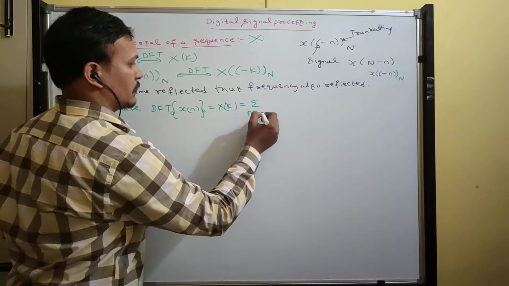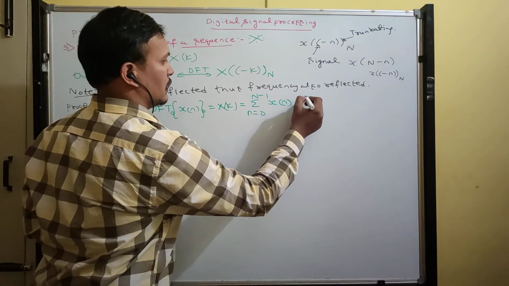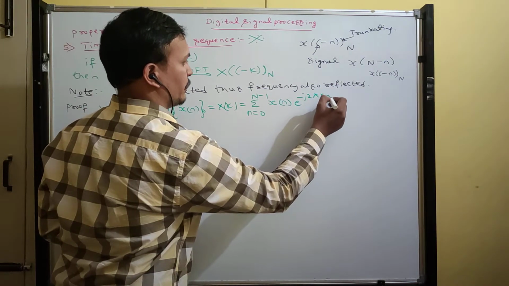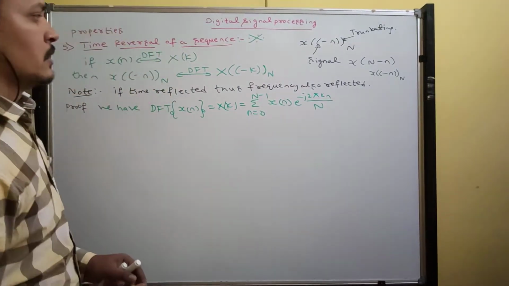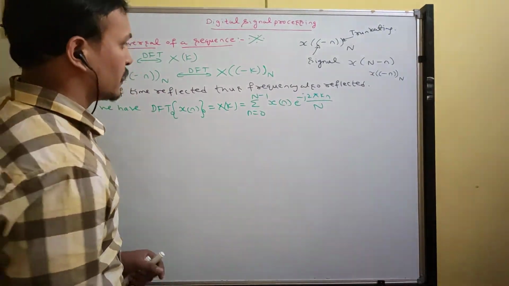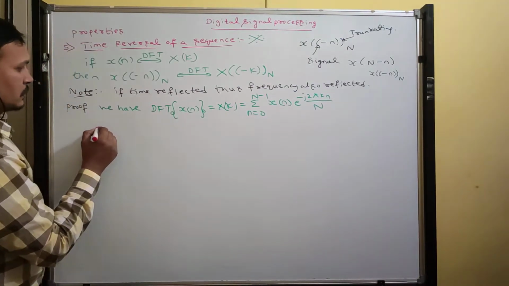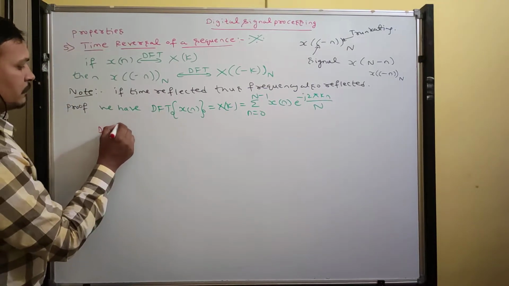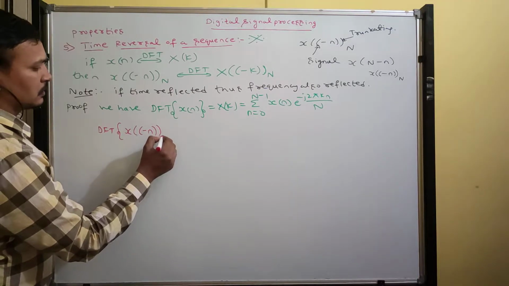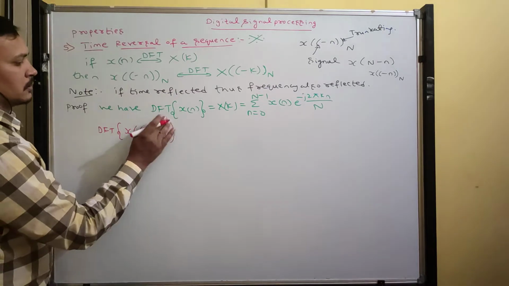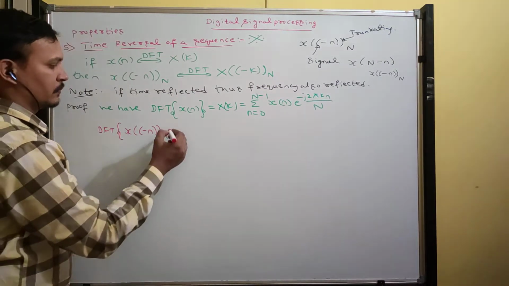Summation n equals 0 to N minus 1, x of n e power minus j 2 pi kn by N. So now take this one: DFT of x of double bracket minus n double bracket N.